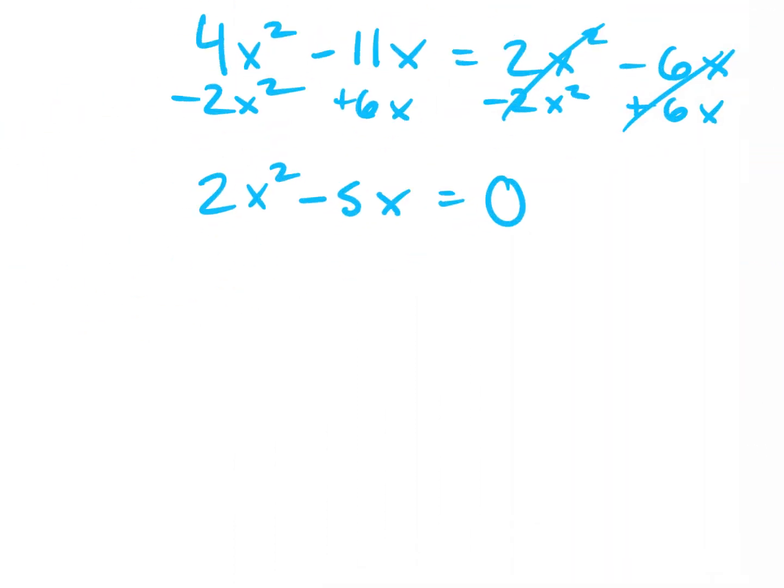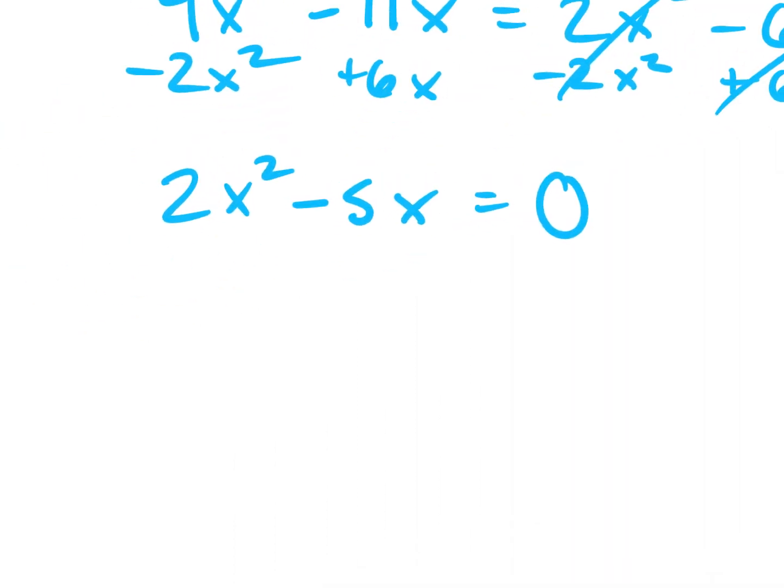All right, what would we do next? If we have an x squared and an x, what do we have to do? Factor. How would we factor this? Take out an x. We're going to take out the GCF. So when we have two terms, they're either going to be perfect squares or factor by taking out the GCF. So we're going to take out an x, and we're left with 2x minus 5.